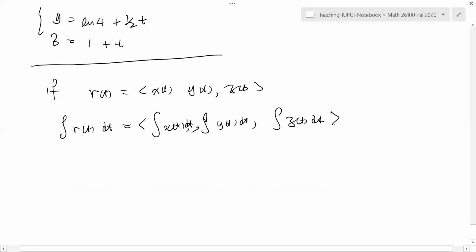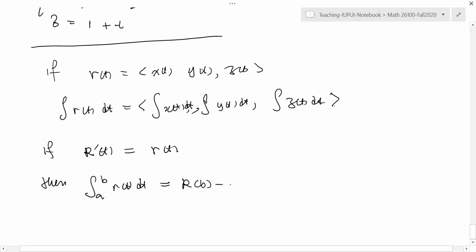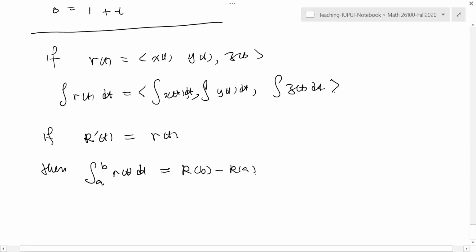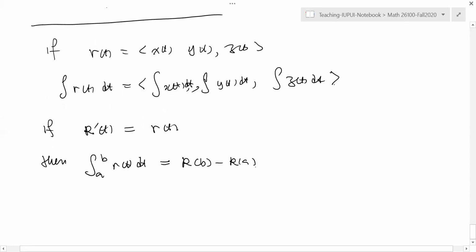We also have the fundamental theorem of calculus. If capital R prime of t equals little r of t, then the definite integral of this is going to be capital R of b minus capital R of a. So this is the fundamental theorem of calculus.